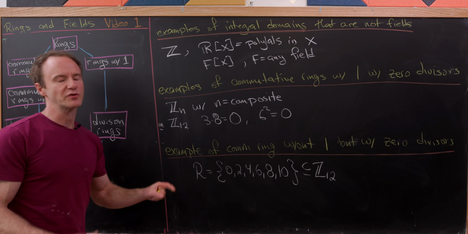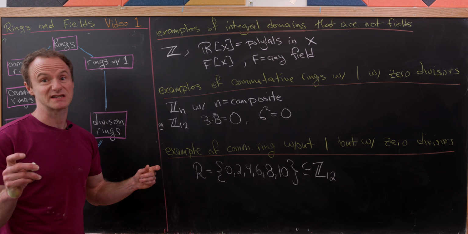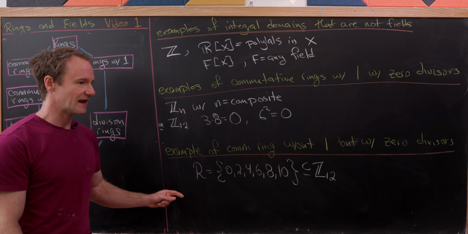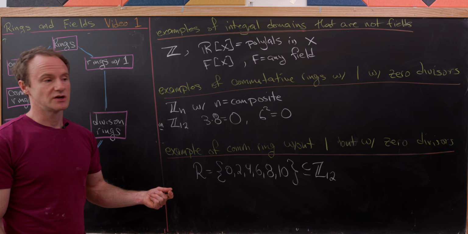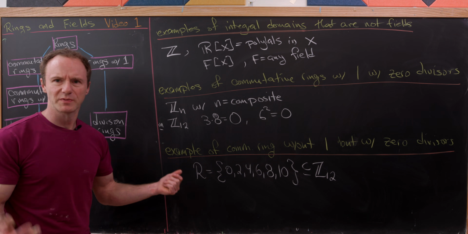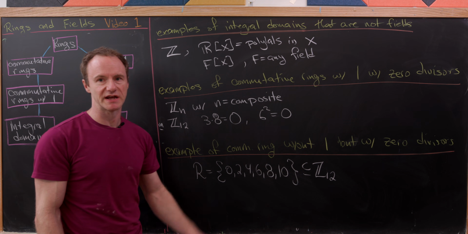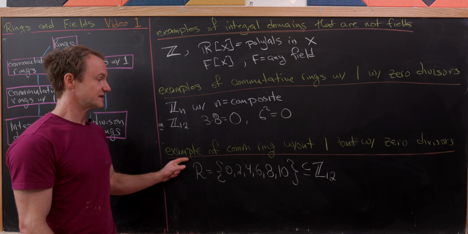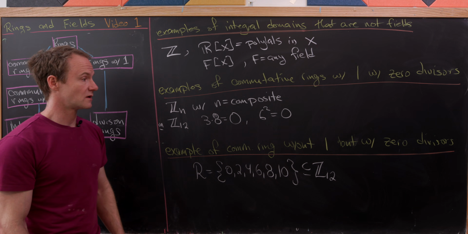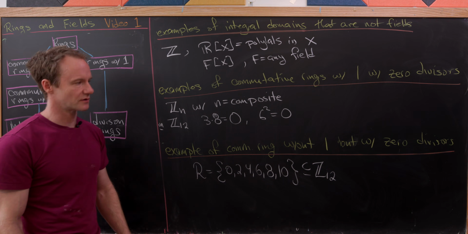You can also prove more generally, and maybe we'll do this when we do some basic proofs involving rings, that if you're a zero divisor, you cannot be a unit, but the multiplicative identity is automatically invertible. That gives us a nice explanation why this is a commutative ring without the number 1, without a multiplicative identity, but yes with zero divisors.